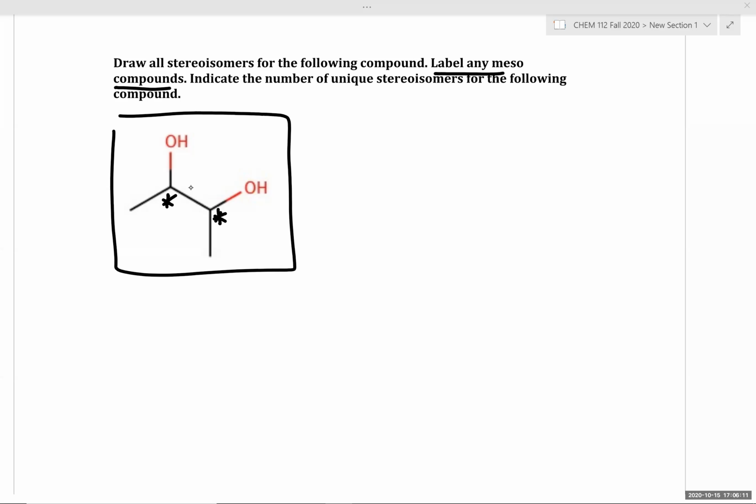So let's try to get some shared responses on the class whiteboard using the annotate feature for each of the different stereoisomers of the following compound.